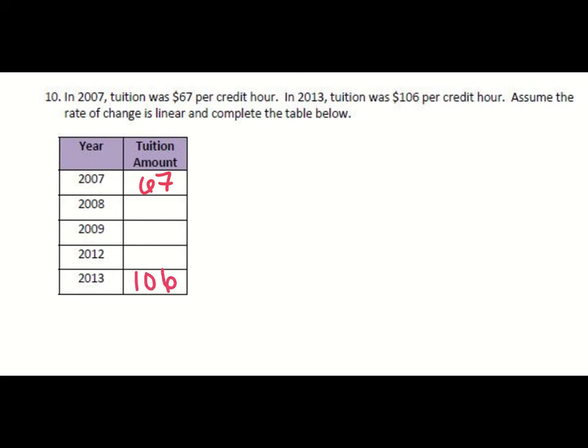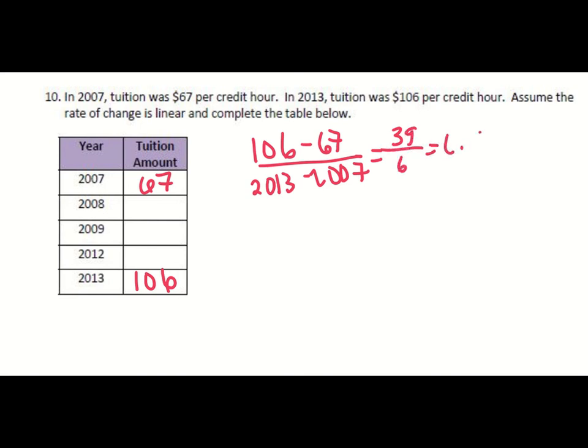If I do 106 minus 67, and then 2013 minus 2007, that is $39 over the course of 6 years. That's $6.50 per year.